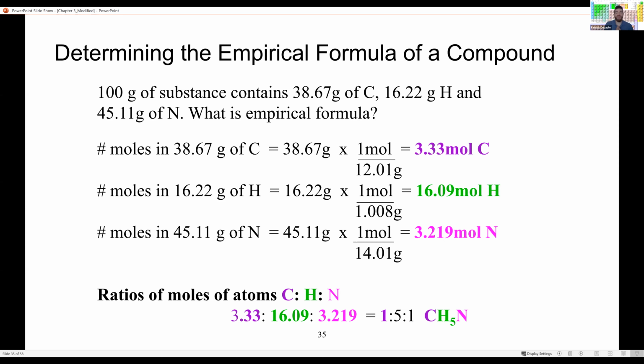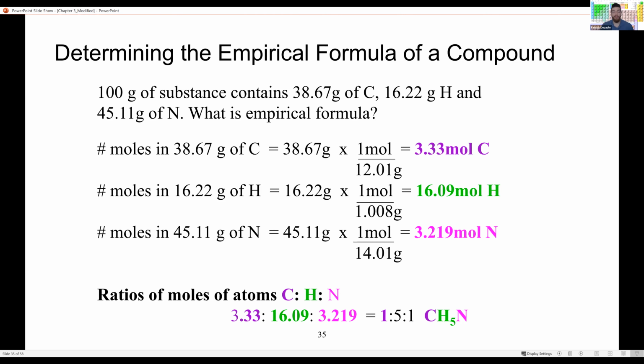Okay. Are there any questions on how to do the empirical formula from that method? Okay, so there's one thing I have to add. Sometimes when you do that last step, the division by the lowest number of moles, you might not get a whole number.